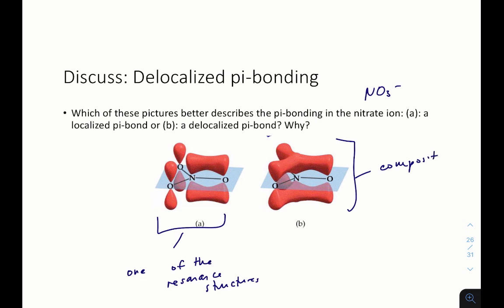It really represents the real electronic structure, where all 3 oxygen atoms are making a pi bonding interaction with nitrogen all at the same time. This does not mean that nitrogen is making 3 full double bonds. No. Those electrons in the double bond are just spread out.